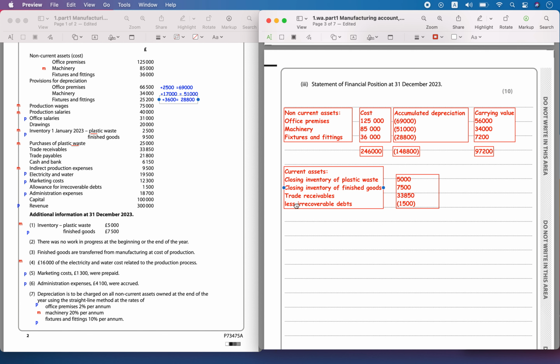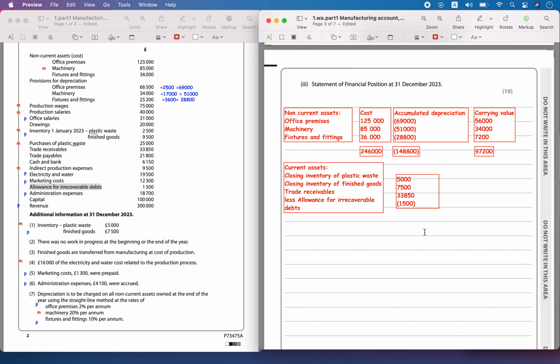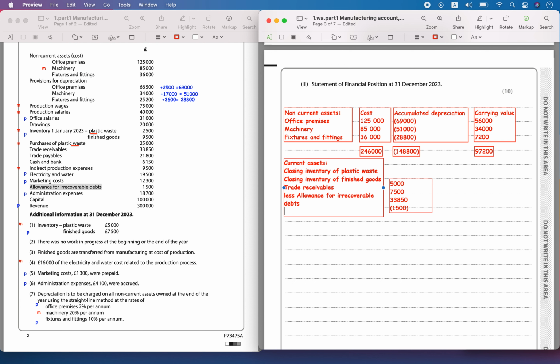So that is 1,500. Now this minus this, and then you have other receivables, which was prepaid.